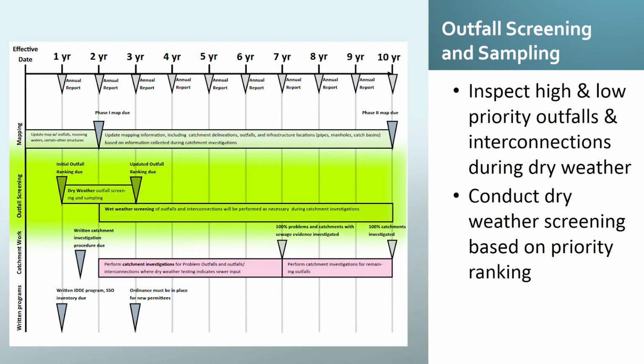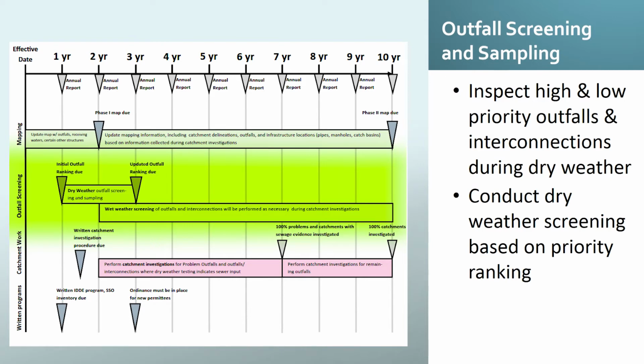Written procedures for outfall and interconnection screening and sampling are required as part of the IDDE program, which need to include procedures for sample collection, use of field kits, storage and conveyance of samples, including relevant hold times, and field data collection and storage.